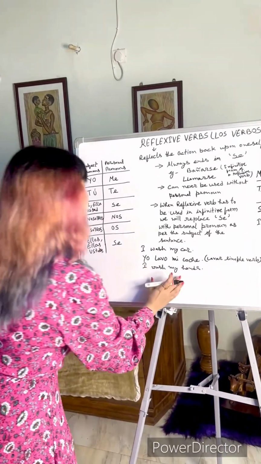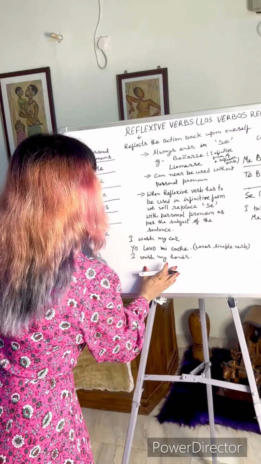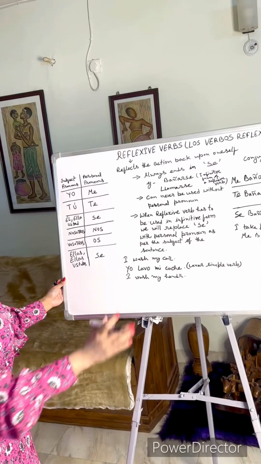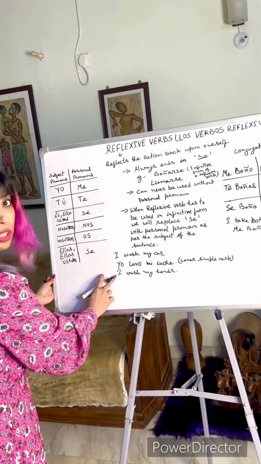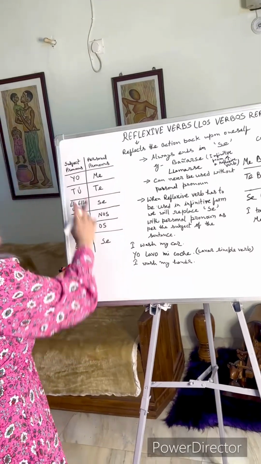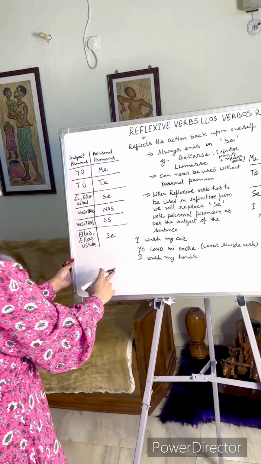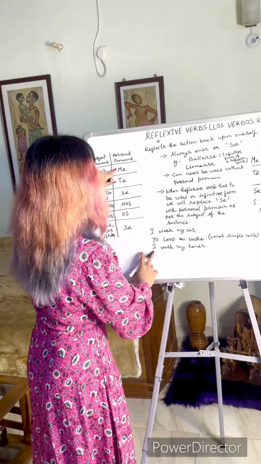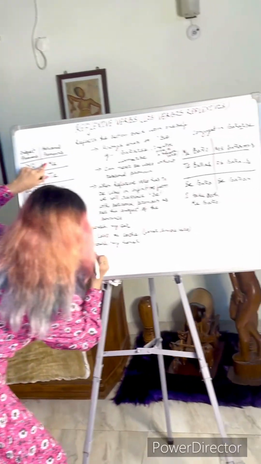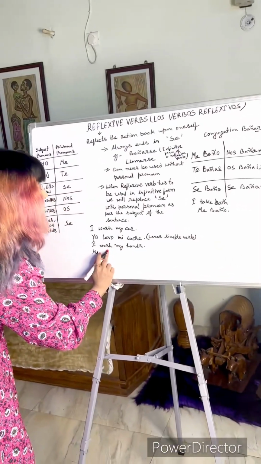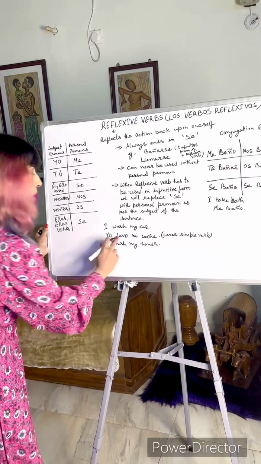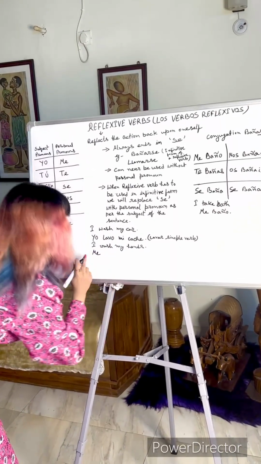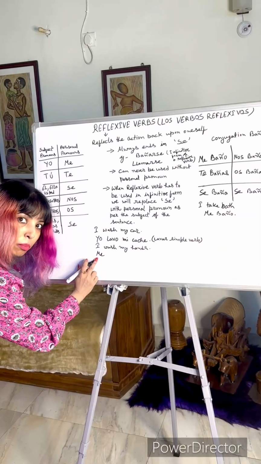So, lavarse. I am going to use the normal conjugation, but I am supposed to use it with a reflexive or personal pronoun. For yo, the personal pronoun would be me, and the yo form of wash should be lavo only. So the conjugation will be similar, but I am supposed to use it with the personal pronoun.